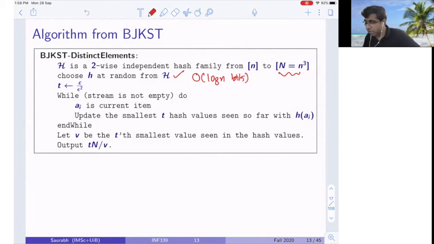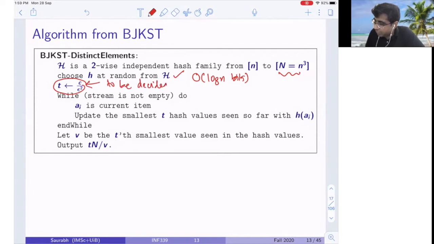And we initialize t to C over epsilon squared, C to be decided. You will see where C comes from. And what are we doing? If you recall, in our previous algorithm we were just keeping, from the hash values, the minimum hash value.